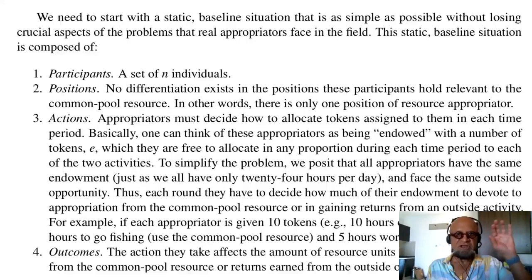So your responsibility and your role in the common pool resource is now together with your personal time to make your living. Outcomes then, the actions they take affects the amount of resource units that can be appropriated from the common pool resource, or returns earned from the outside option.